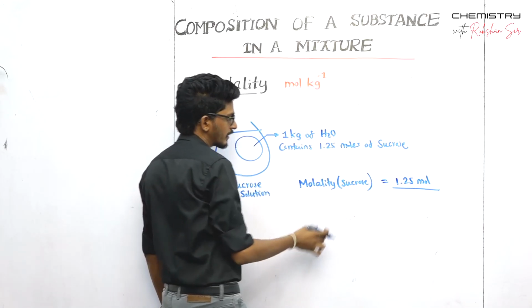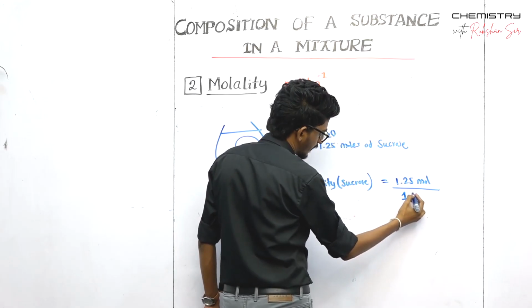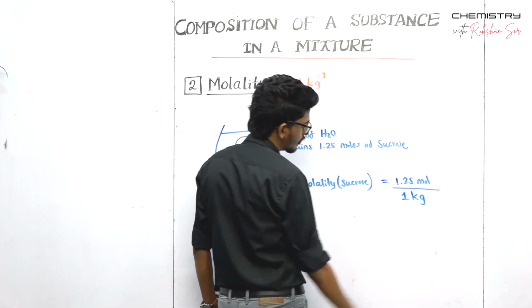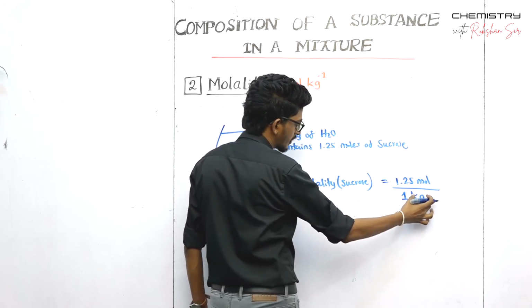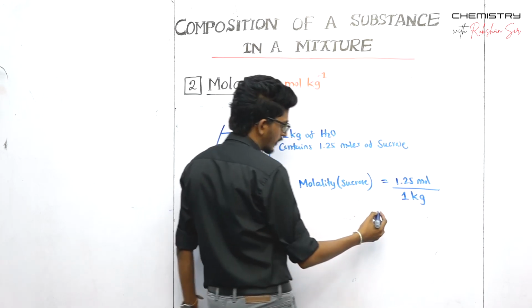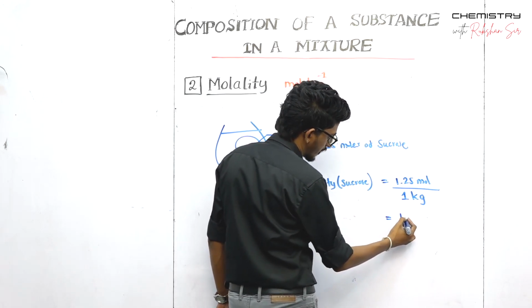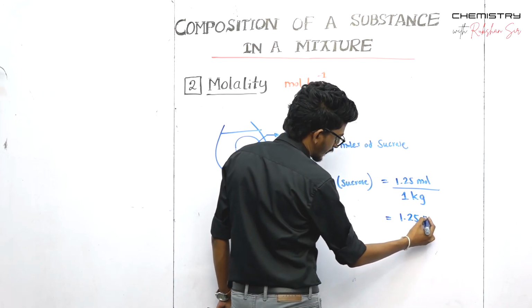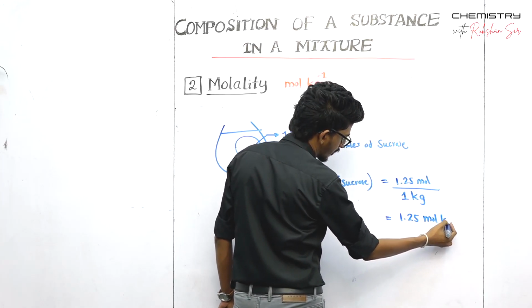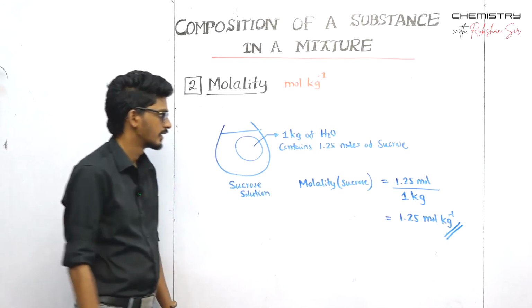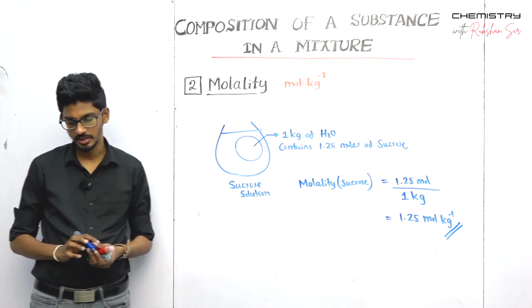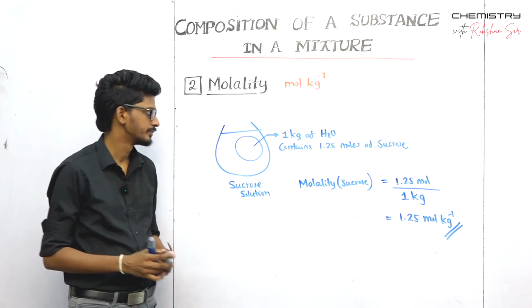Solvent is H2O, so 1 kilogram. Moles of solute, which is sucrose, divided by kilograms of solvent. So the molality of sucrose is going to be 1.25 moles per kilogram for this sucrose solution. Let's complete the stuff appearing at page number 7, the first example.